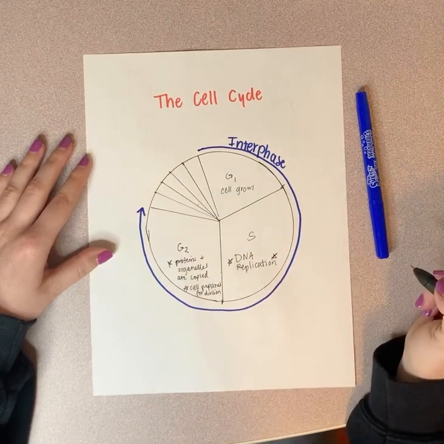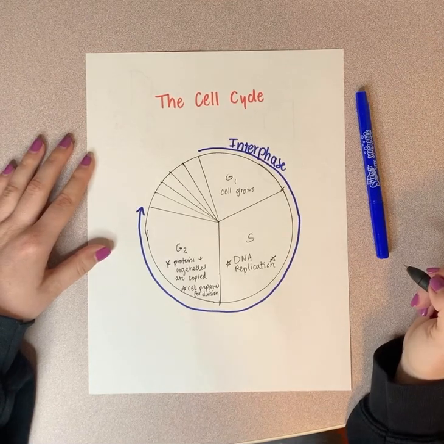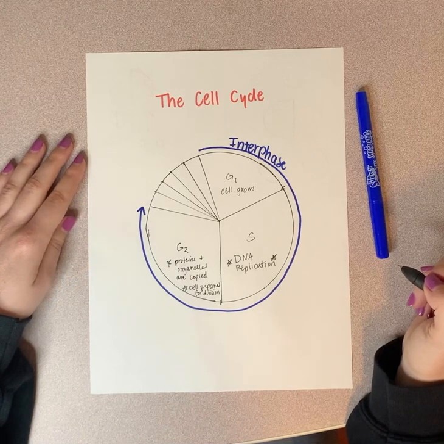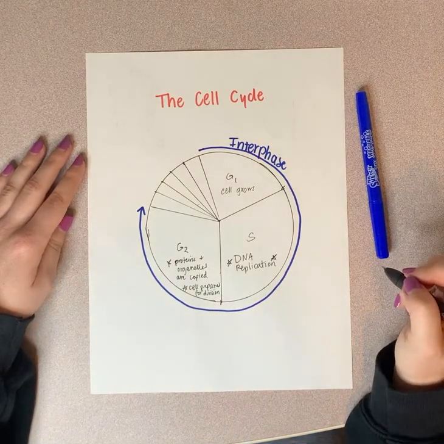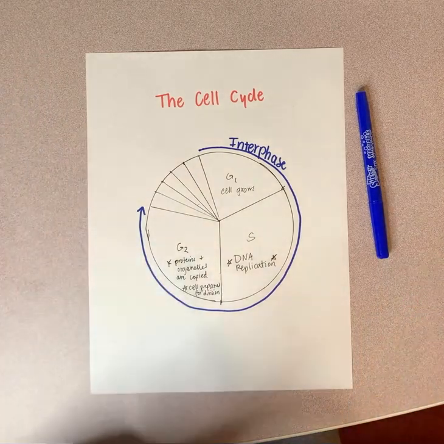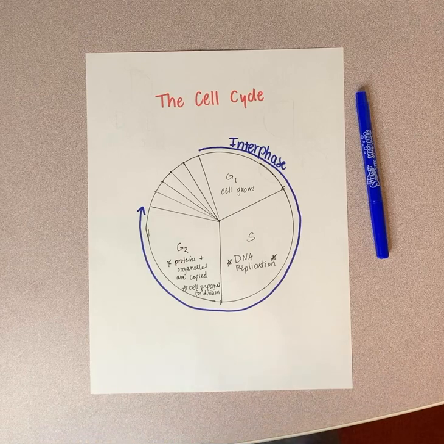Now remember that there are checkpoints throughout this entire thing, okay? And the checkpoints serve to regulate cell division. So if the cell is not ready to divide, those checkpoints will stop it from dividing. And it's when these checkpoints don't work anymore, when something gets mutated, that cancer can occur, okay?